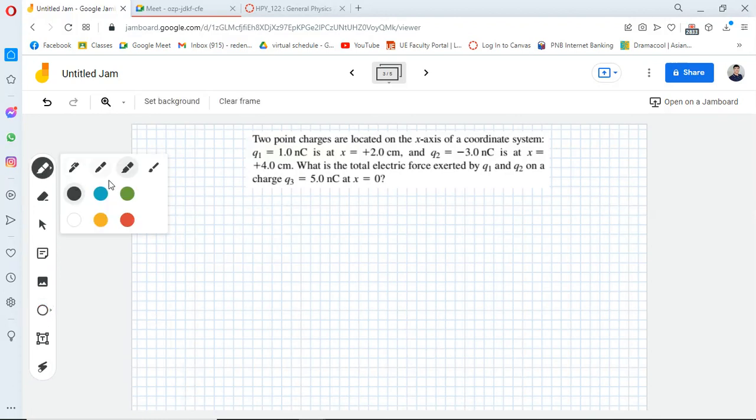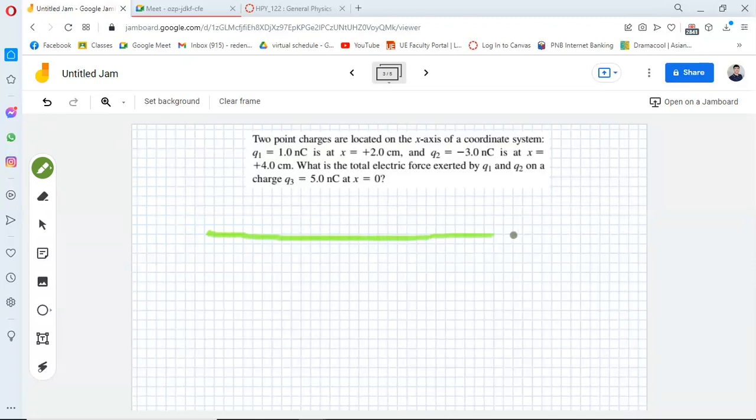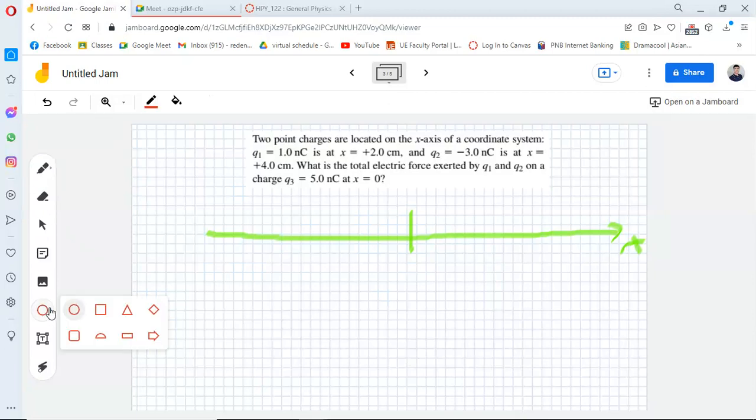Okay, so gawa muna tayo ng ating axis. Ating axis is the x-axis. Okay, this part, let's say that this is our x-axis. This is the center of our x-axis. And then, sabi niya, si Q1 daw na 1 nanocoulomb is nasa 2 centimeter. Okay, so sabihin natin ito ay 1, ito ay 2. Okay, nandito siya.